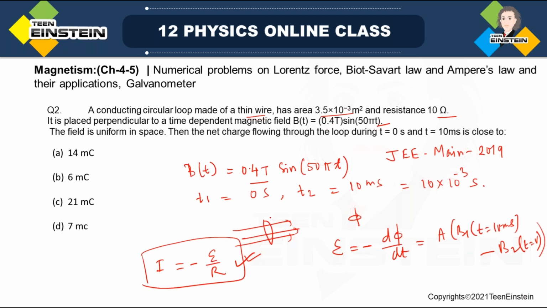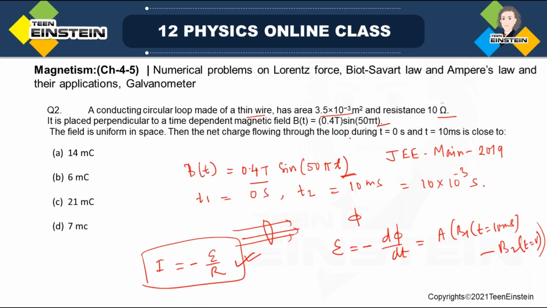Flux will be linked with the circular coil. That flux will change because the magnetic field is changing with time. If flux change is happening, there will be induced EMF. Since there is a resistance given in the coil, that induced EMF will produce a current, and that will flow in the coil.